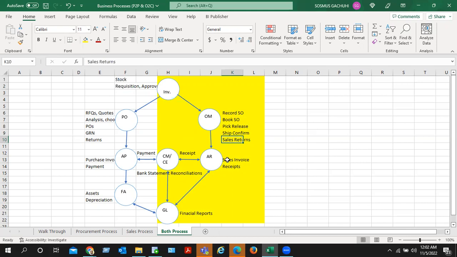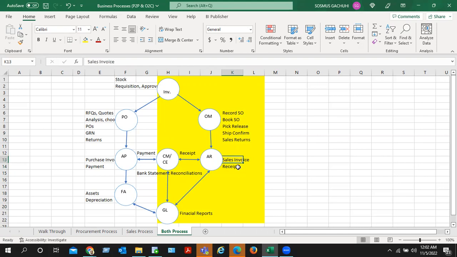Once that has been done, there will be communication with the accounts receivable department, whereby the account receivable department will create a sales invoice or customer invoice under Oracle accounts receivable application.